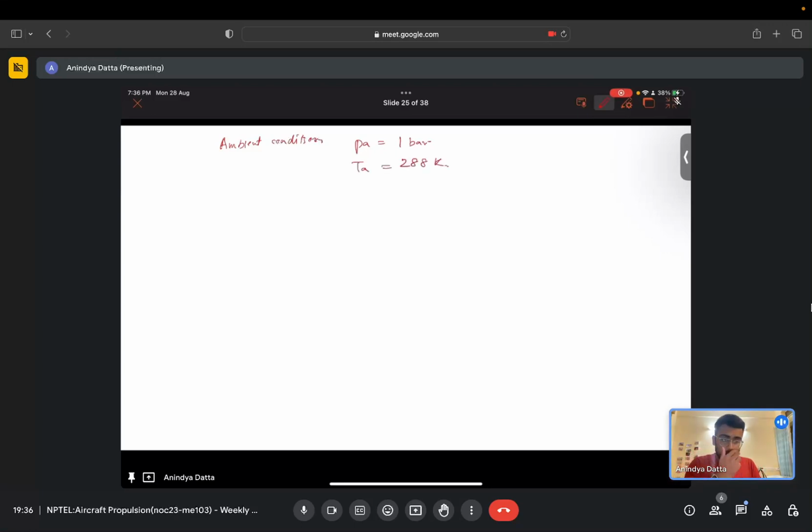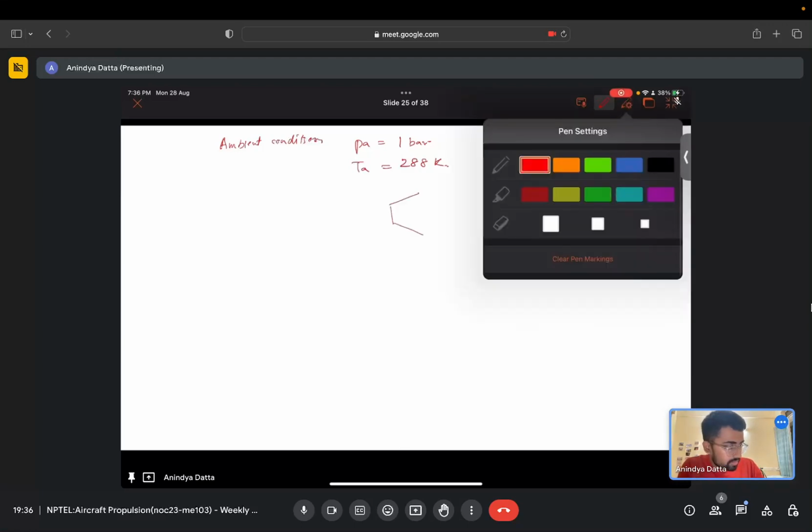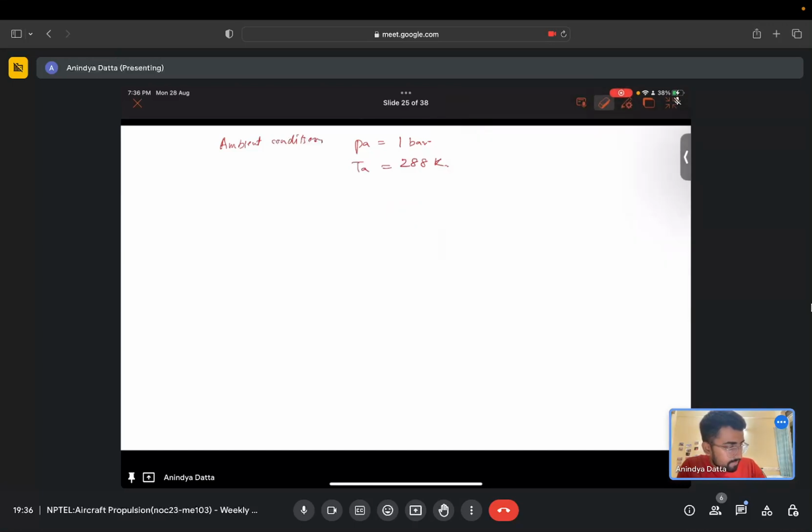Now let's say in ambient conditions, what is the velocity? Let's say we have a compressor here, right? So we have the compressor here, and here is state 1 and here is ambient.